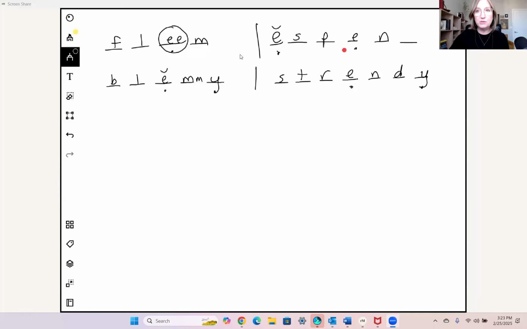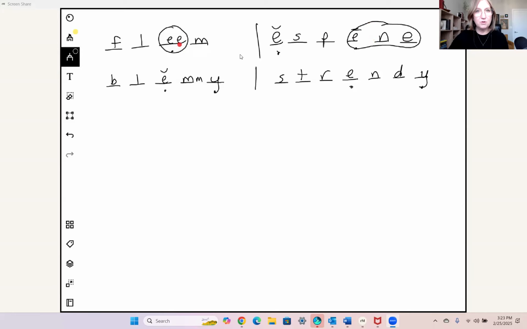So now I see that there are two vowels that don't touch. So it's at least a 2-syllable word. And if I want this E sound at the end, my choices are two E's close together or another E two doors away. I'm going to do this one because it's a longer word. So that was a long explanation for this goes in short words, this goes in longer words.